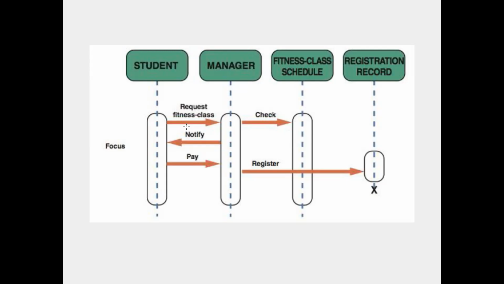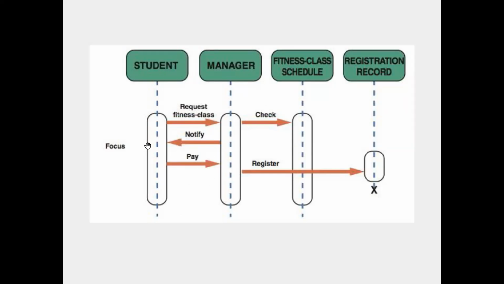When the student comes, first of all, the manager has to check the schedule. If the schedule is free for the student, then the manager can notify the student that the time is available. And then the student can pay, right?